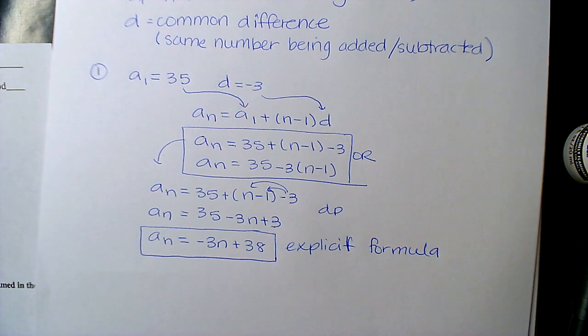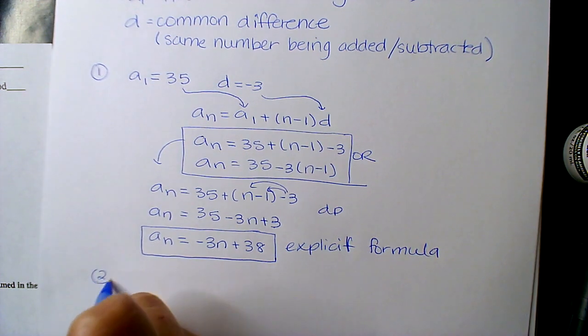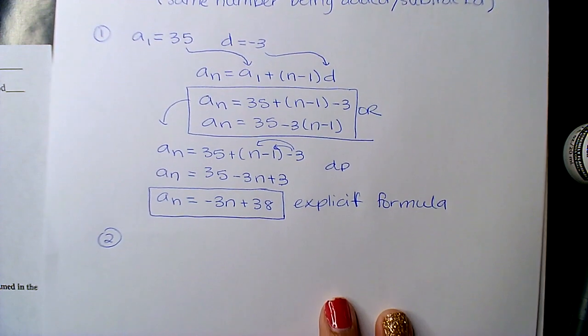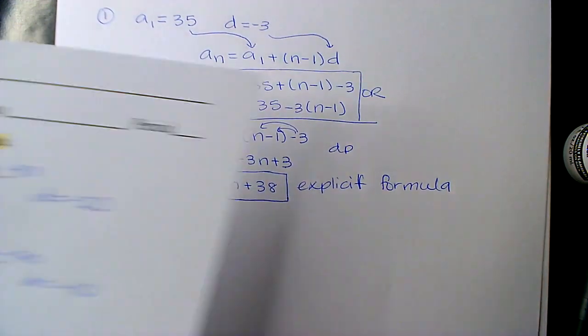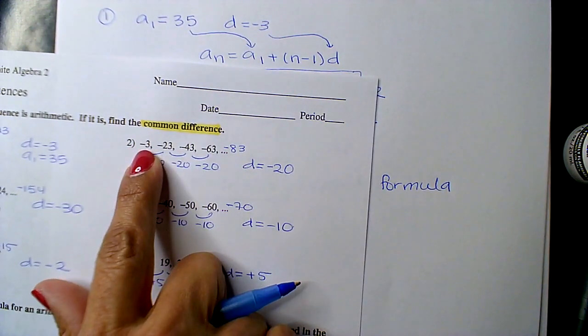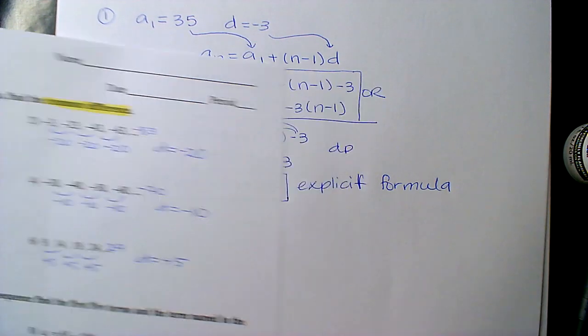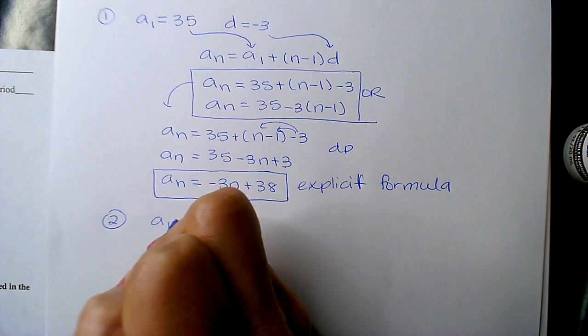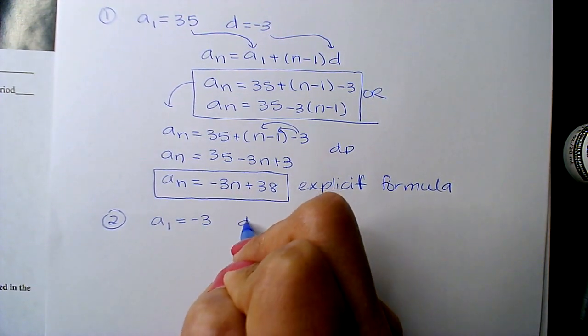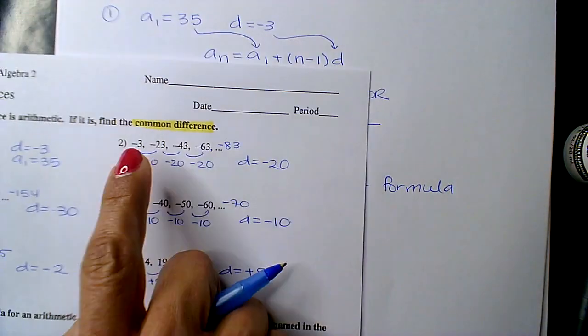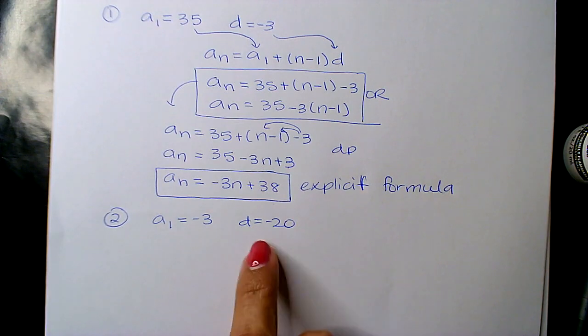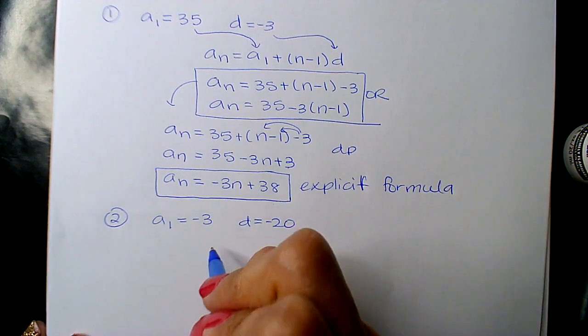Okay, so if we look at the second one, the first term is -3, the D is -20, right? So A1 is -3, D is -20. So what would I substitute?